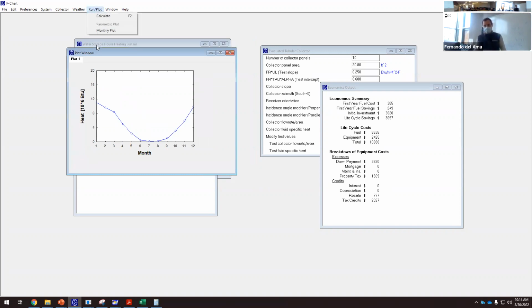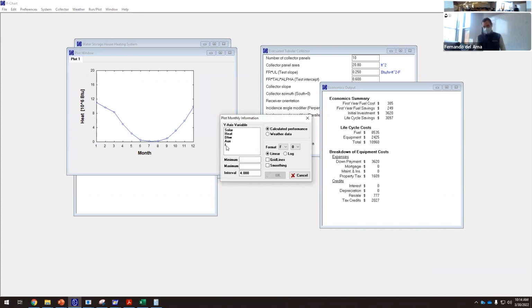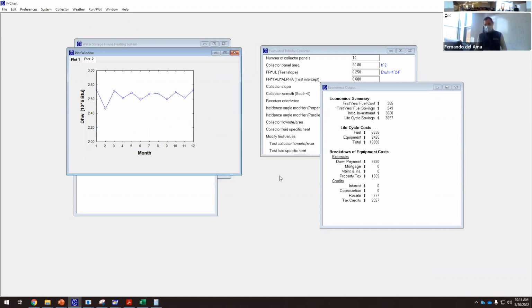We can plot the domestic hot water use. The domestic hot water doesn't have to do with the season. It's about the water use, so it depends on the number of days in the month. February is always the lowest because we only have 28 days.